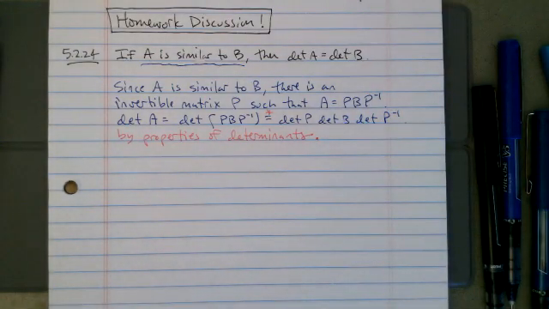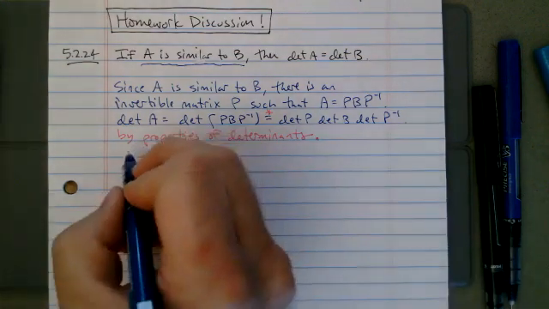Now, I can't rewrite the matrix multiplication PBP inverse in a different order because matrix multiplication is not commutative. But determinants are just scalars. So multiplying determinants is just regular scalar multiplication. That is commutative.